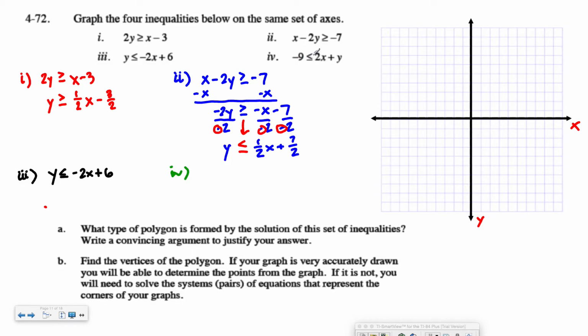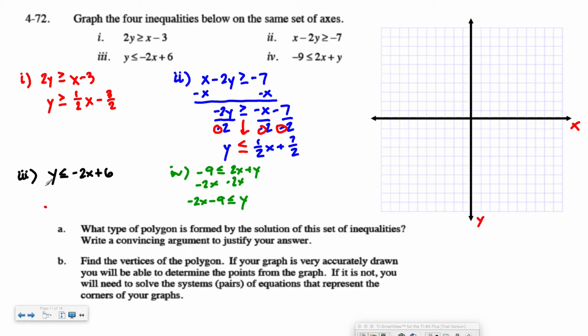We have -9 is less than or equal to 2x plus y. So we want y over here by itself. If we get rid of our 2x from each side, we should now have -2x minus 9 is less than or equal to y.